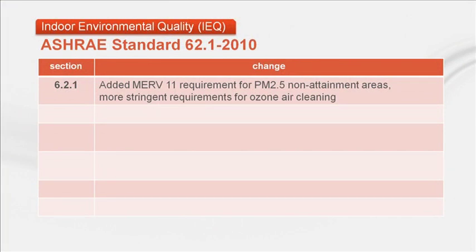In those areas where the outdoor concentration of particulate matter, 2.5 microns and smaller, exceeds the national standard, Standard 62 now requires the use of a MERV 11 filter. And for those areas that exceed the average daily maximum level for ozone, an ozone air cleaner is now required. In your handouts, I've included maps from the US EPA which indicate the parts of the country affected. And I've also included the URLs for finding the latest data and maps.